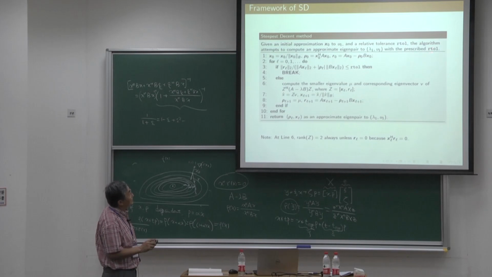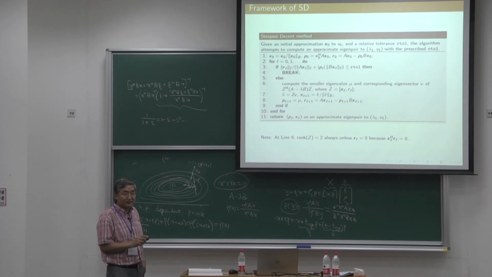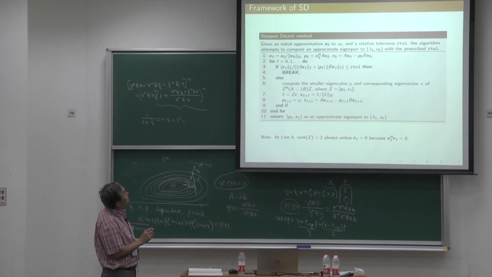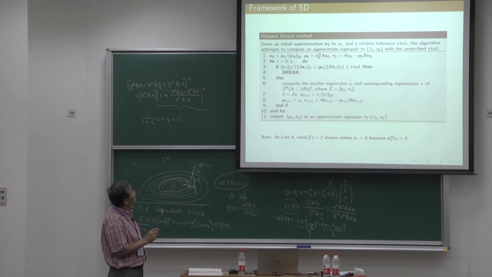Giving a tolerance, like I mentioned, in double precision maybe 10 to the minus 12 or 14. In practice, you don't need that kind of accuracy, but 10 to the minus 12 or 14 is a good number. So you normalize the initial approximation, and then compute the residual, which is a gradient direction.